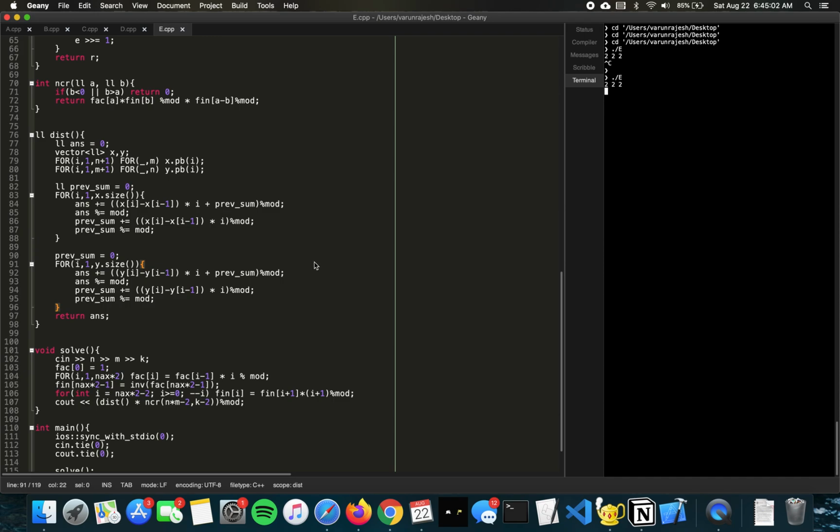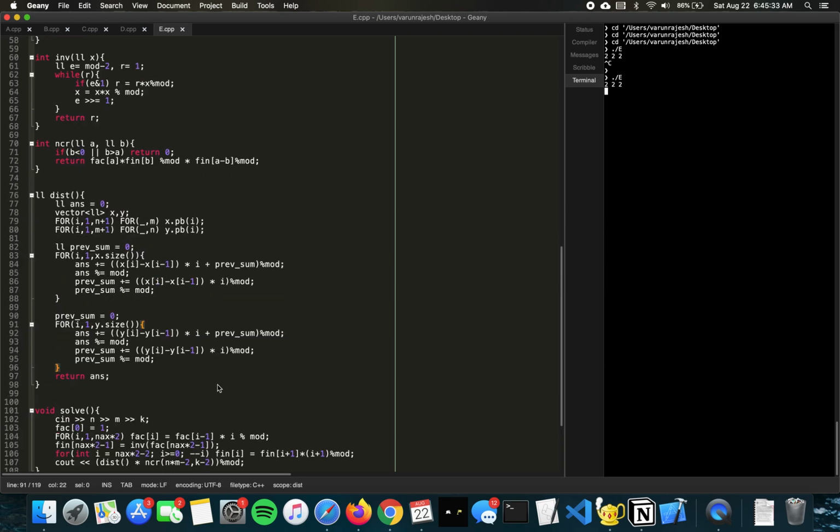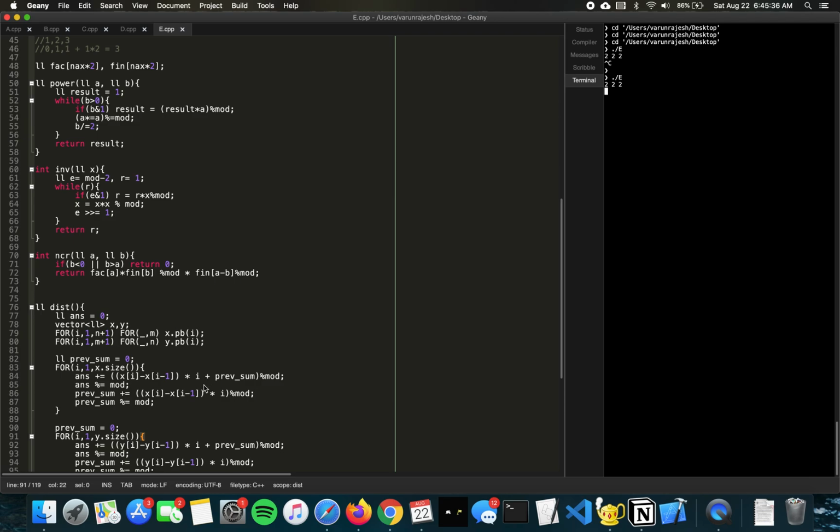Okay, something's not working. So we read in n m k, fac 0 is 1, for I, fac I equals fac I minus 1 times I mod mod, fin max times 2 minus 1 equals inverse factorial of max times 2 minus 1, for I from max times 2 minus 1 while I is bigger than 0, negate I, fin I equals fin I plus 1 times I plus 1 mod mod, cout. Okay, so there's a loop somewhere. Okay, let's see if I messed up here. So if b is less than 0 or b is bigger than a, return 0.